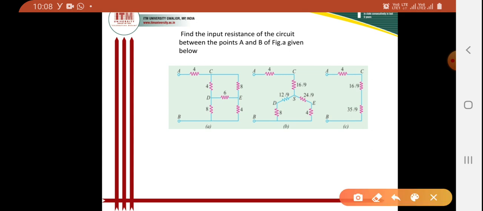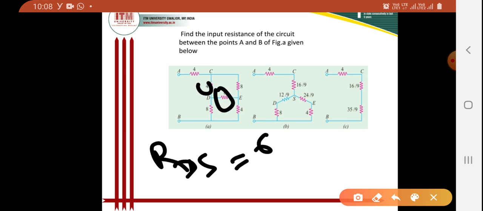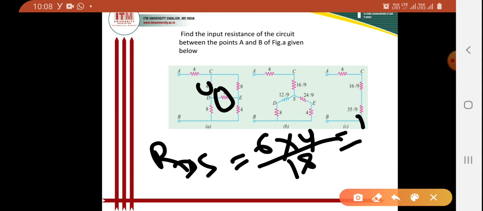Similarly, when we are calculating RDS, it will be the multiplication of 6 and 4 divided by the whole, so 6 into 4 divided by 18. That will be 12 by 9 ohm. So now we are getting RCS as 16 by 9 ohm, RES as 24 by 9 ohm, and RDS as 12 by 9 ohm.